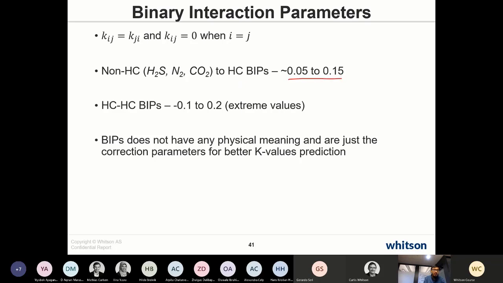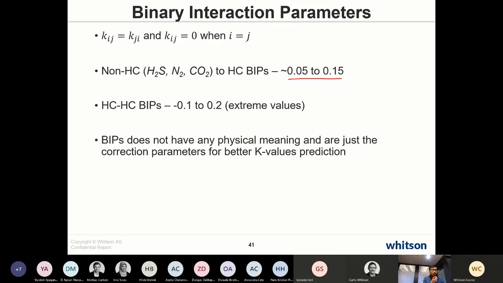And in the SPE monograph, you can see the recommended values between non-hydrocarbon and hydrocarbon BIPs for H2S, nitrogen, and CO2 for the SRK and Peng-Robinson equation of state models. Those should be the initial estimates of these numbers, and they should not be changed if you don't have any good PVT data measured with non-hydrocarbons, like with CO2 injection or nitrogen injection, for example.